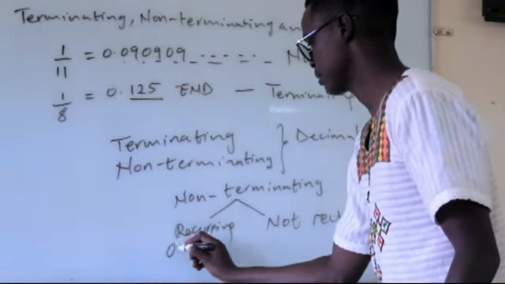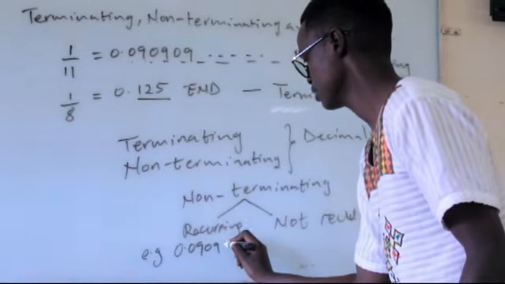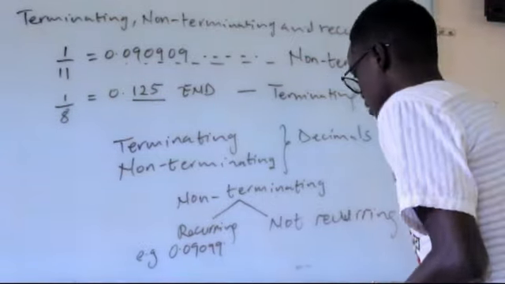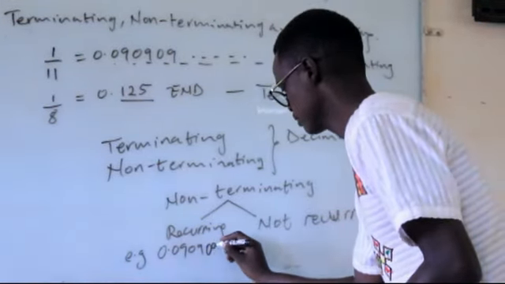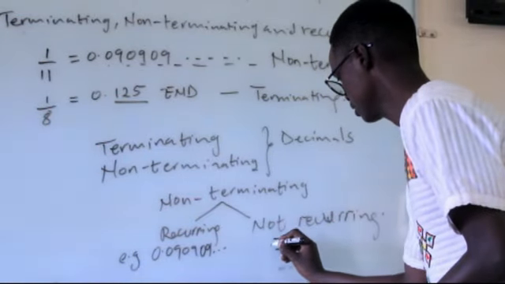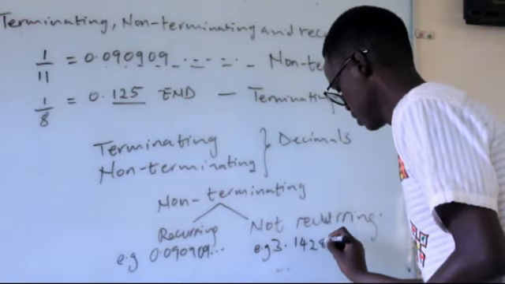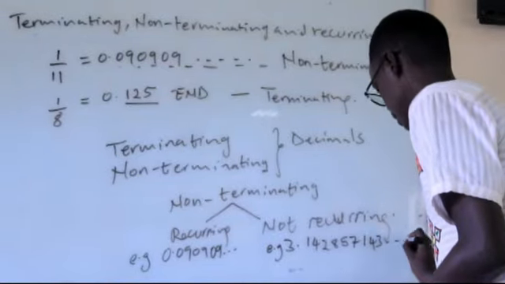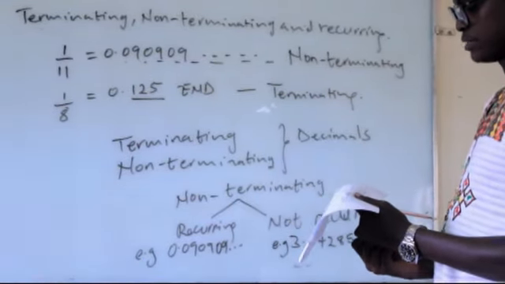Here we have an example: 0.0909090909 and other values. Here we have another example: 3.142857143 and other values. So in this section, that is what we observe.